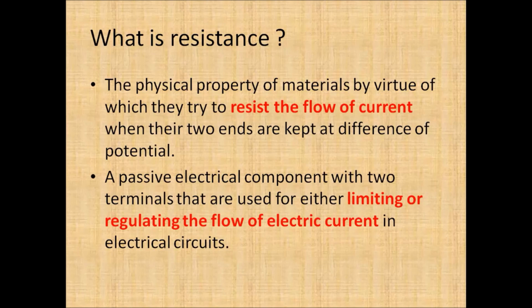So basically, it is a two-terminal passive component which is used to regulate or limit the value of electric current in a given electric network. And here the term passive represents that this two-terminal component is a passive element and consumes electricity. So across its terminals, we can calculate the active power.